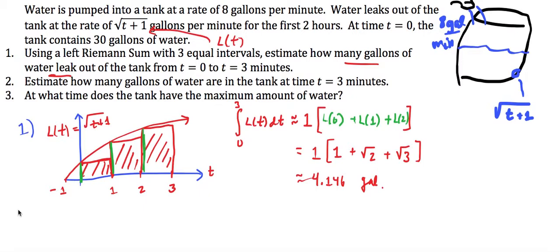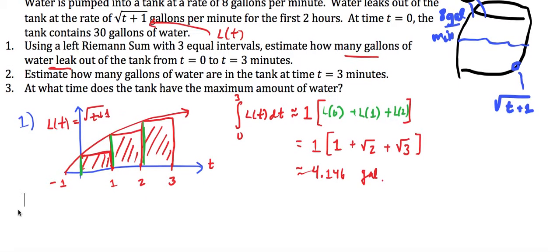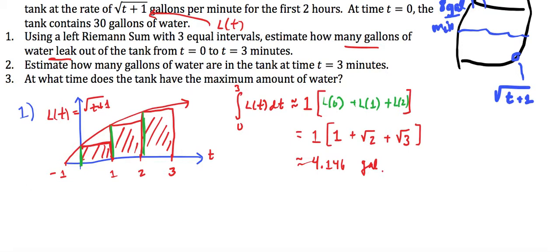Estimate how many gallons of water are in the tank at time equals 3 minutes. To compute this answer, let's just set up the functions and the placeholders.